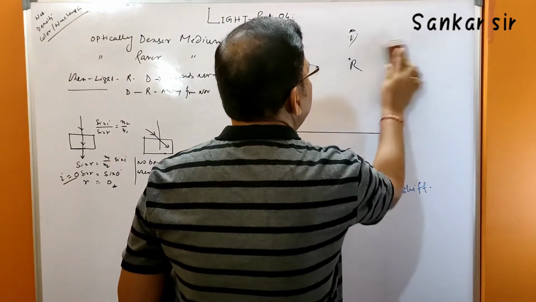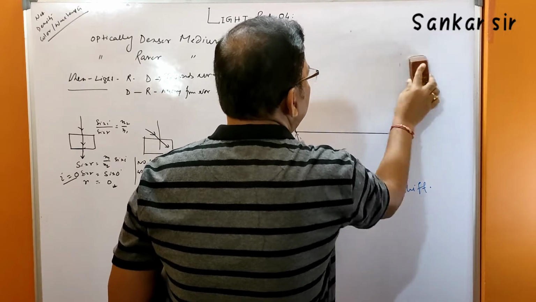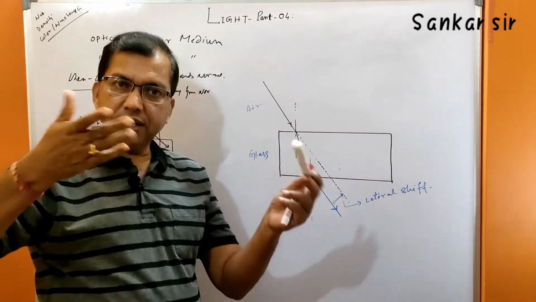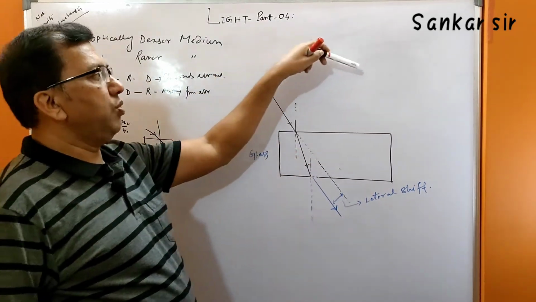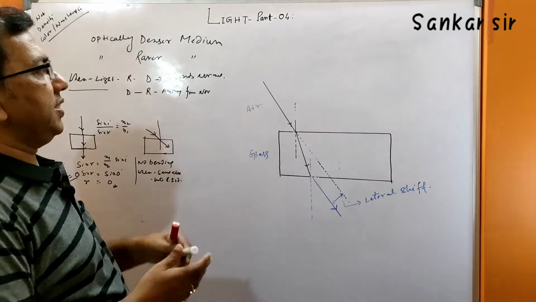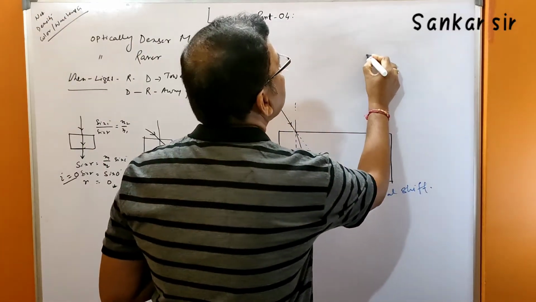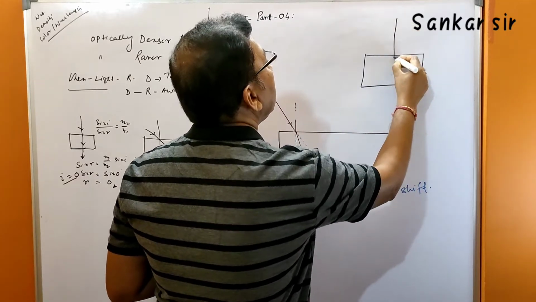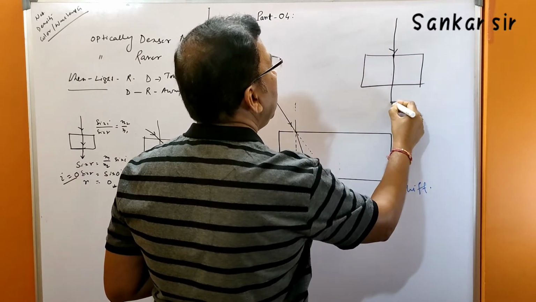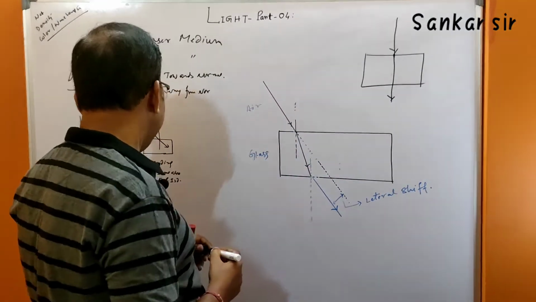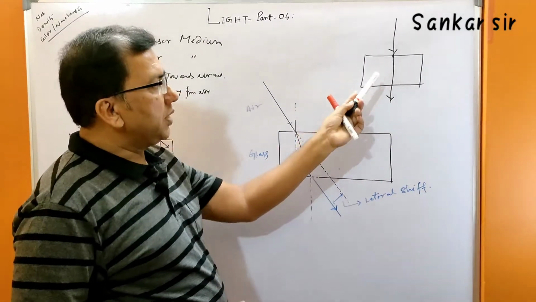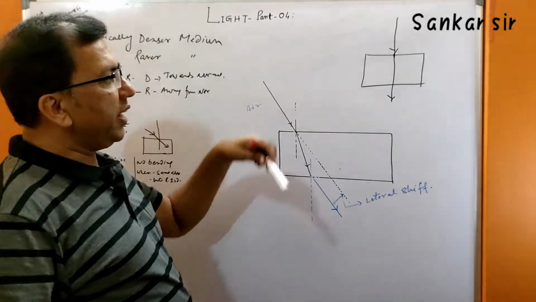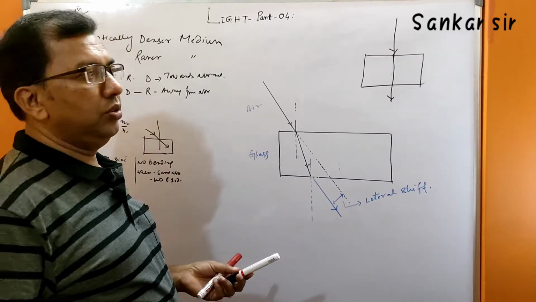One very important thing: in case of reflection, when light falls normally, the incident and reflection angle is 0. But what about refraction in a slab, if a light falls normally?